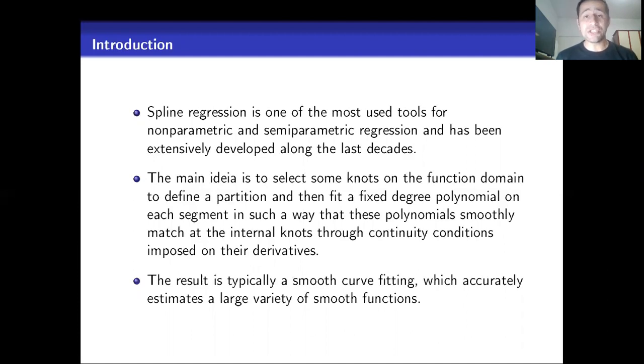In fact, the main idea of spline regression is to fit a polynomial on each segment of the function domain determined by these internal knots in such a way that these polynomials match at these knots smoothly through continuity conditions imposed on their derivatives. And typically the result is a smooth curve fitting that is used to estimate a large variety of smooth functions.